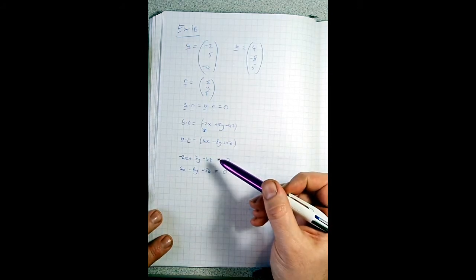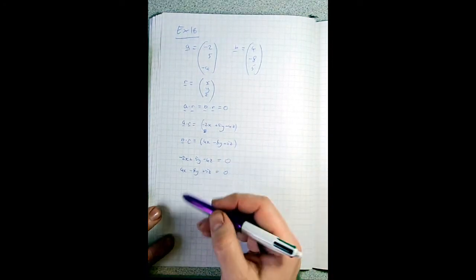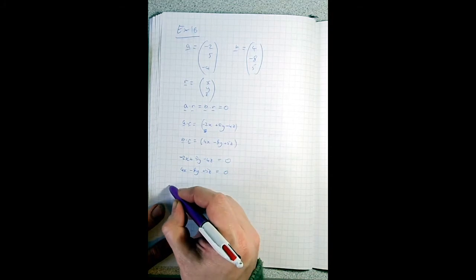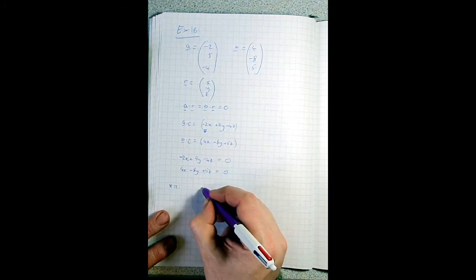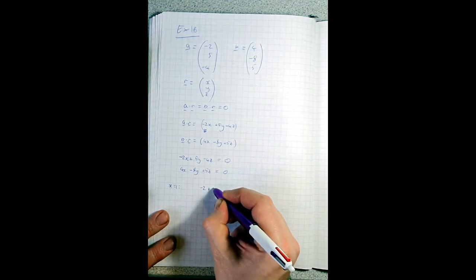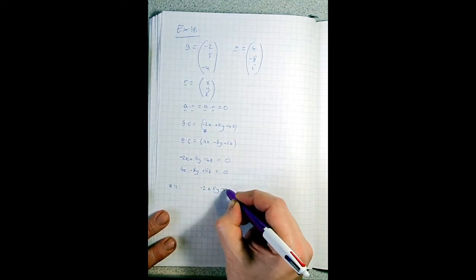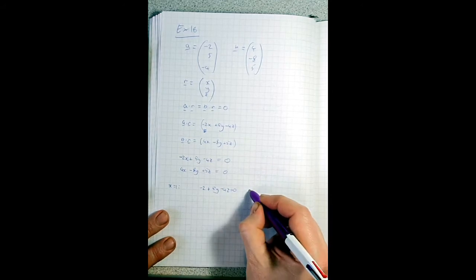It seems sensible to pick a non-zero value. I haven't thought through fully whether I actually need to pick a non-zero value. I'll have a think about it, but let's say x equals 1. I get minus 2 plus 5y minus 4z equals 0.